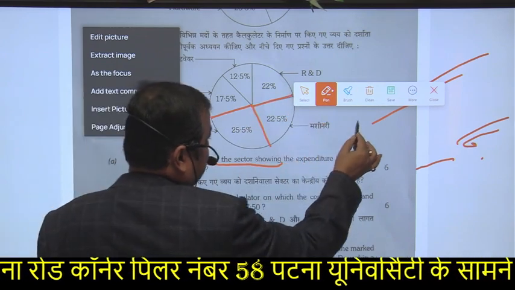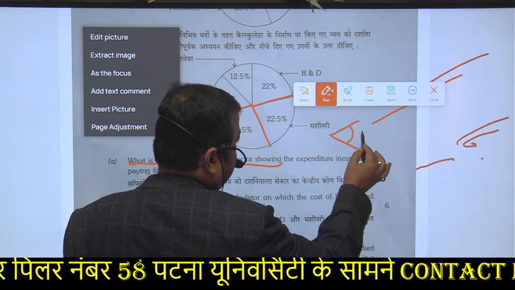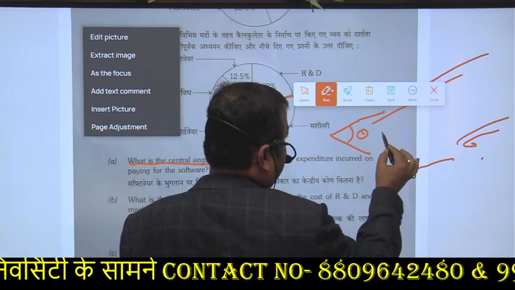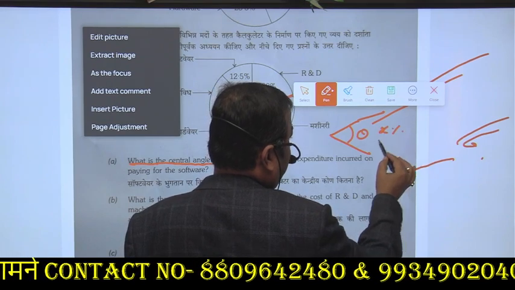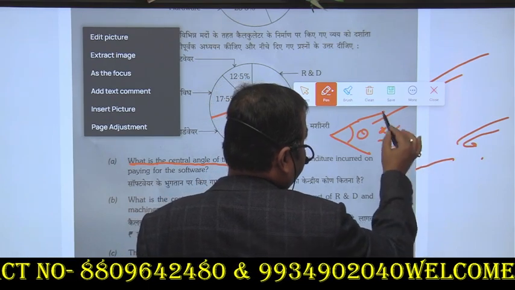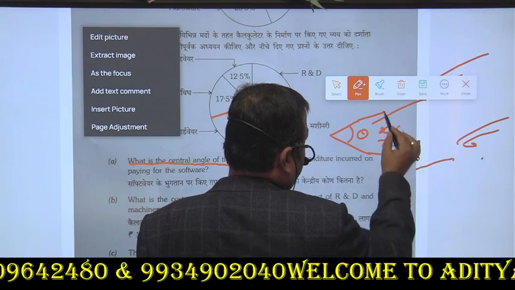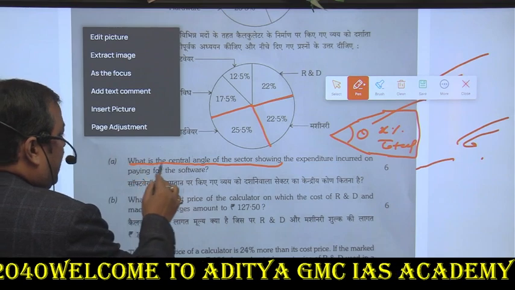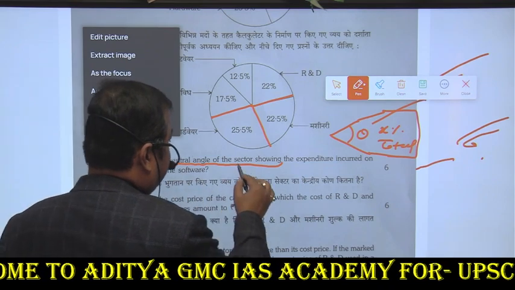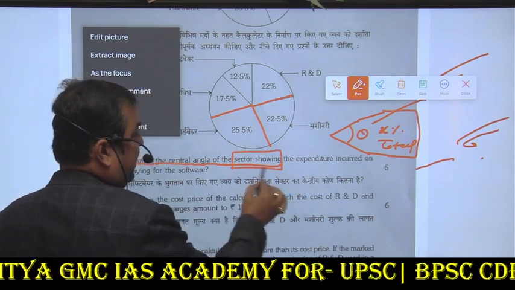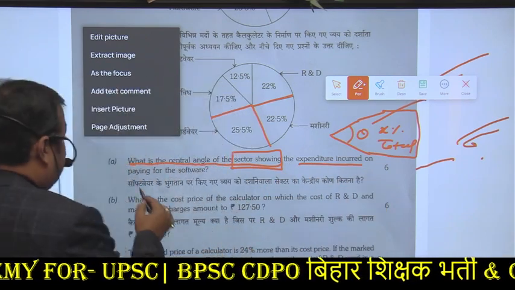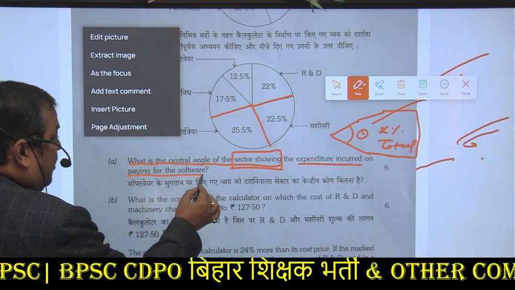This situation is known as sector. This area presented by angle, percentage and total value. 3 types representation are available in any question.